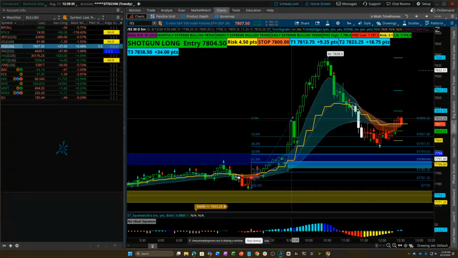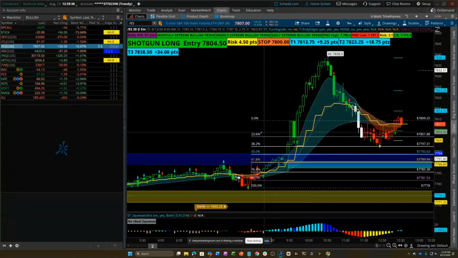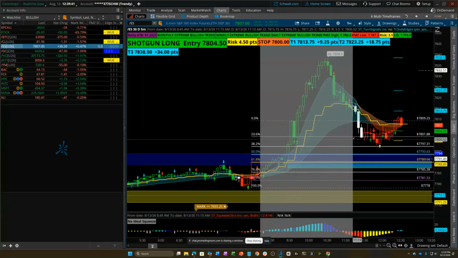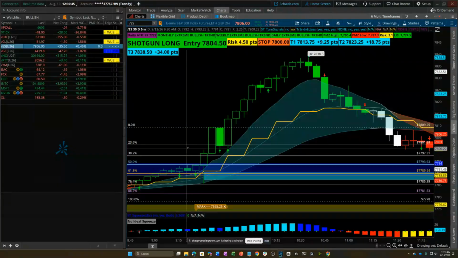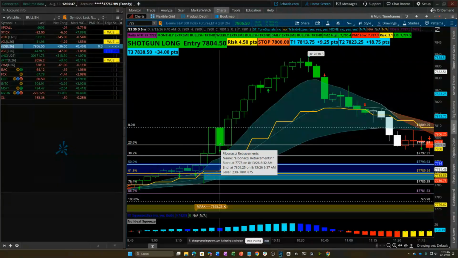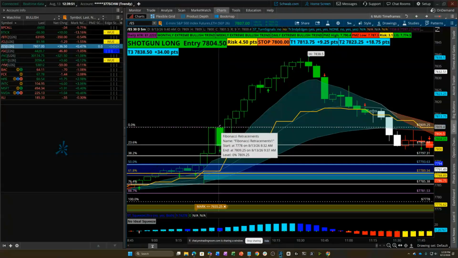And I'm going to show you on the chart where we went long in the SPX room. What I'm looking for is when price pulls back to the 23.6, because I go into each morning, if we're gapping up, assuming it's going to be a bullish trending day. And price action has to prove me otherwise.